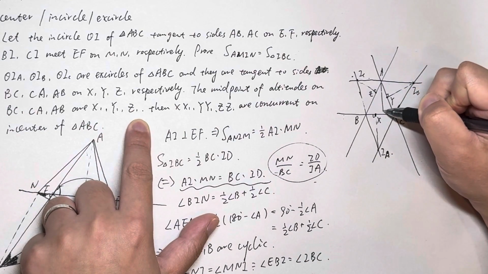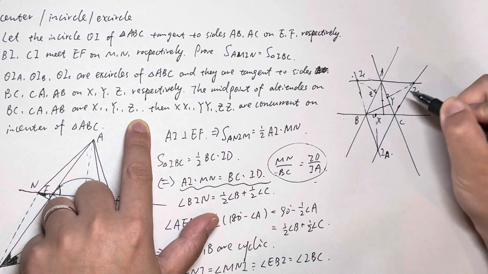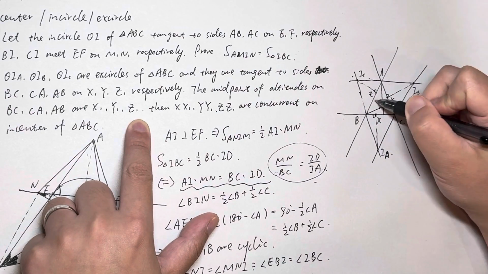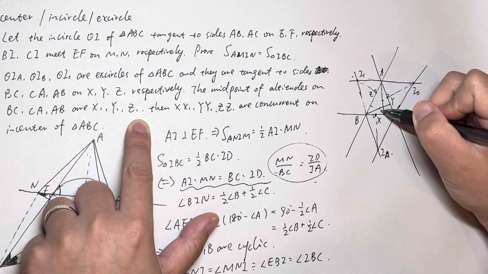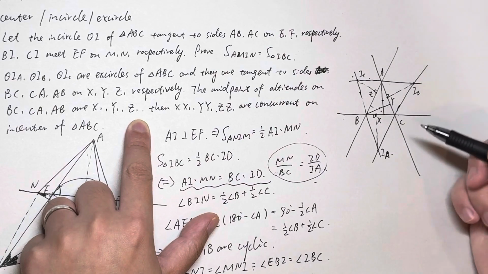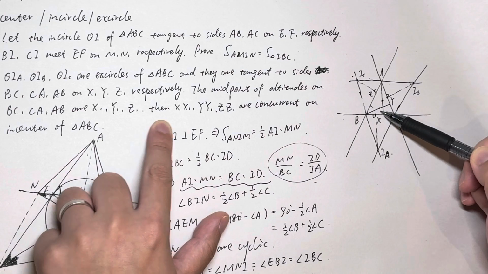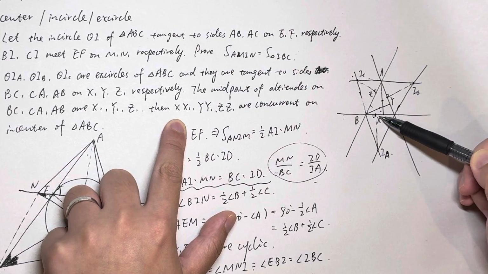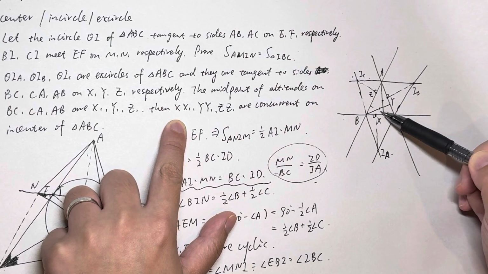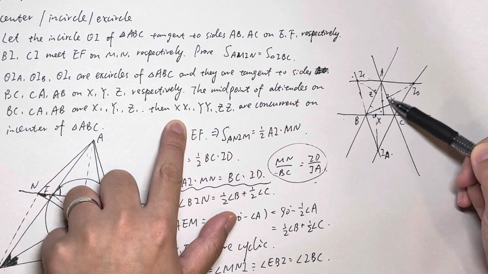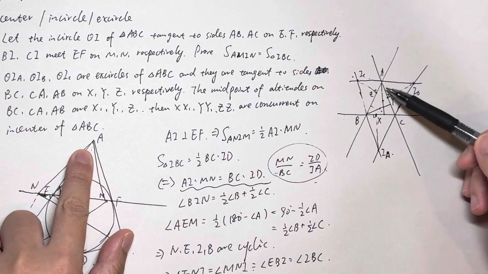So the midpoint would be here, this one would be here, and this midpoint, I don't know, somewhere here. That's X1, Y1, Z1. And then we want to prove that XX1, YY1, ZZ1, these three lines are concurrent at the incenter of triangle ABC.